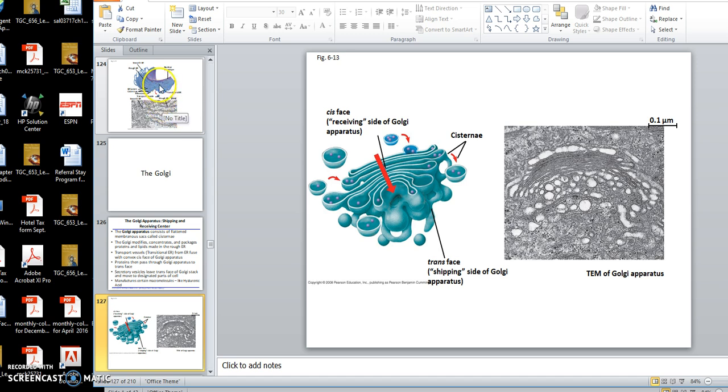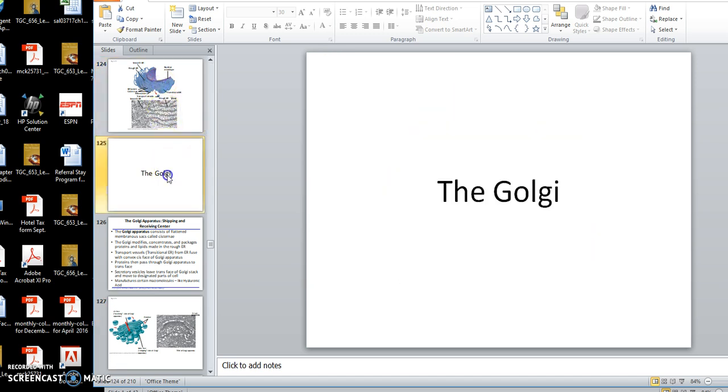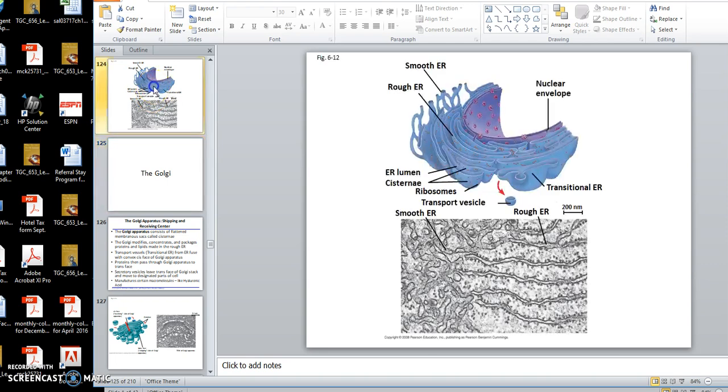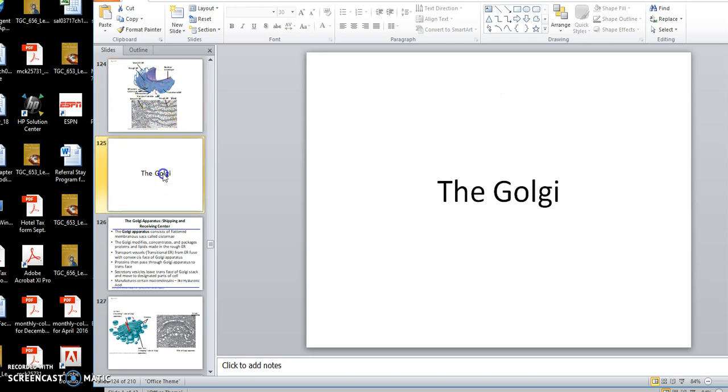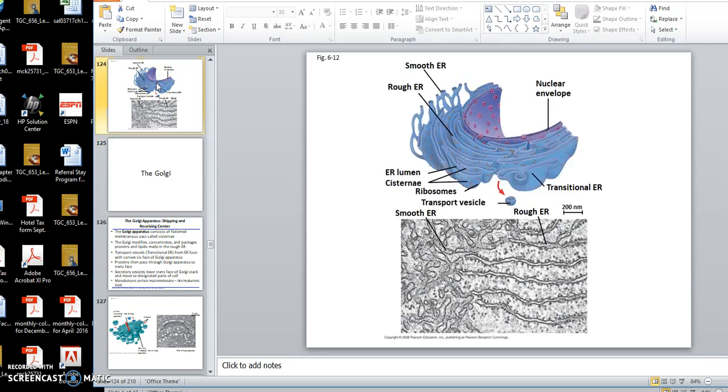Anything coming off the rough ER must pass through the Golgi. Coming off the rough ER would be proteins, glycoproteins, and such.